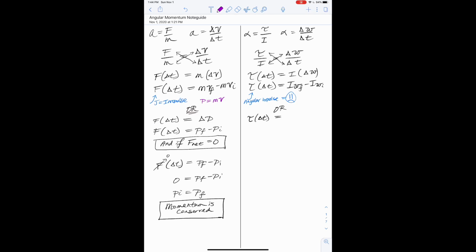And over here we're going to say L equals I omega. And L is our variable for angular momentum. Okay. And here we obviously have linear momentum.